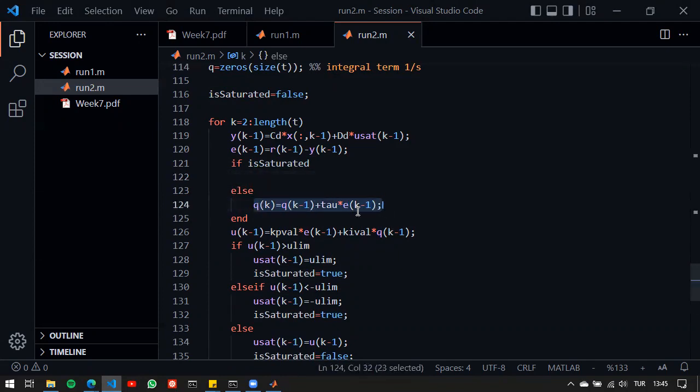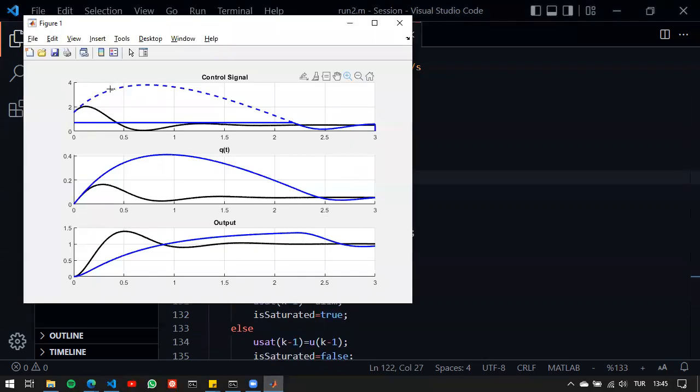So we can just copy this here. Instead of e, let's say 0. So we're taking the integral of 0, so we're adding 0 to the accumulative sum. Therefore, the sum should not change, and the sum during saturation should not increase, because that was exactly the problem here. This signal is dominated by the integral part, and if this integral part does not grow this much, then this effect will not be that bad.